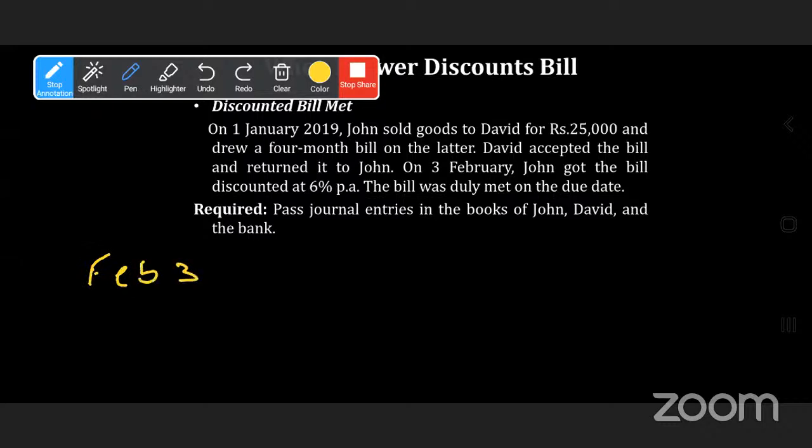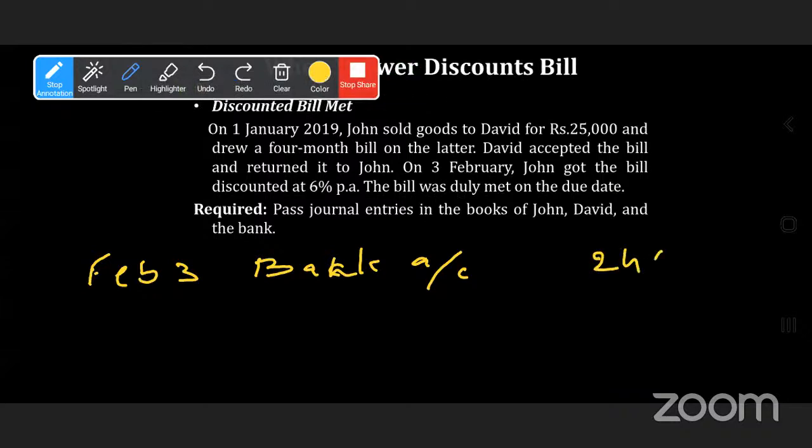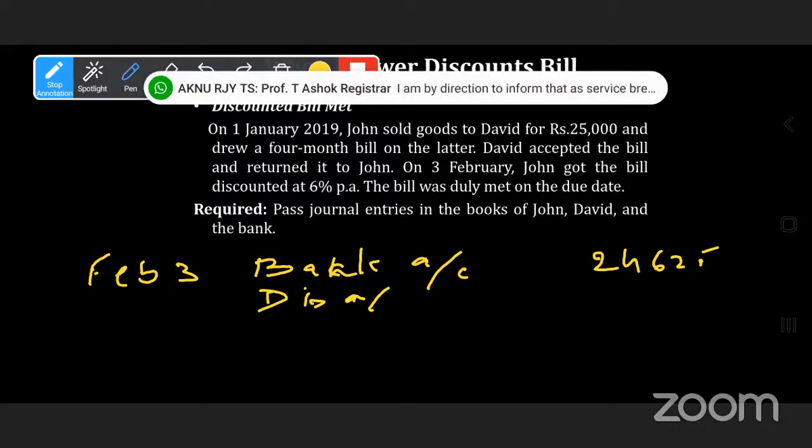Bank account debit, discount account debit. How much is the amount? 24,625, and discount account debit, 375.